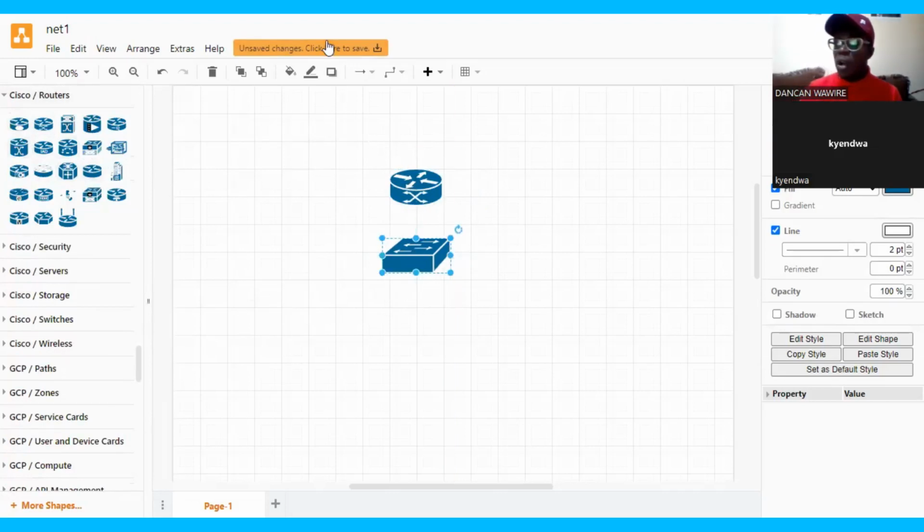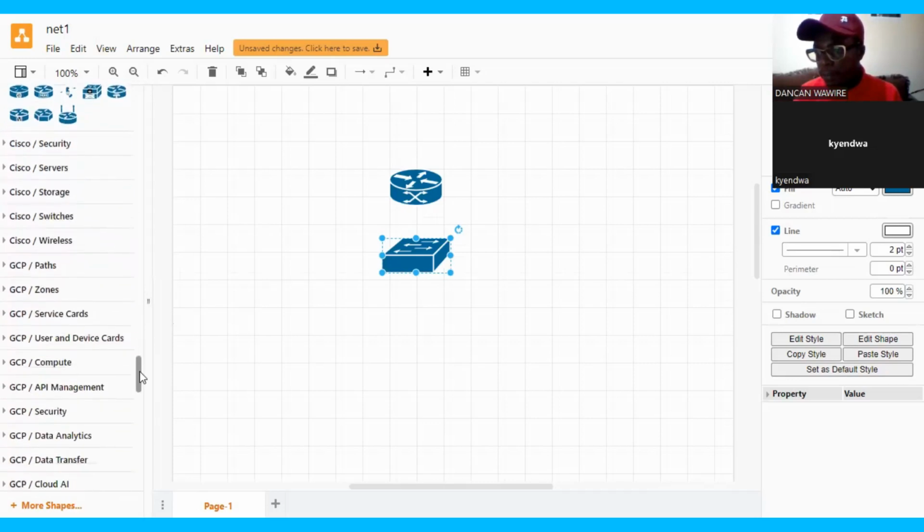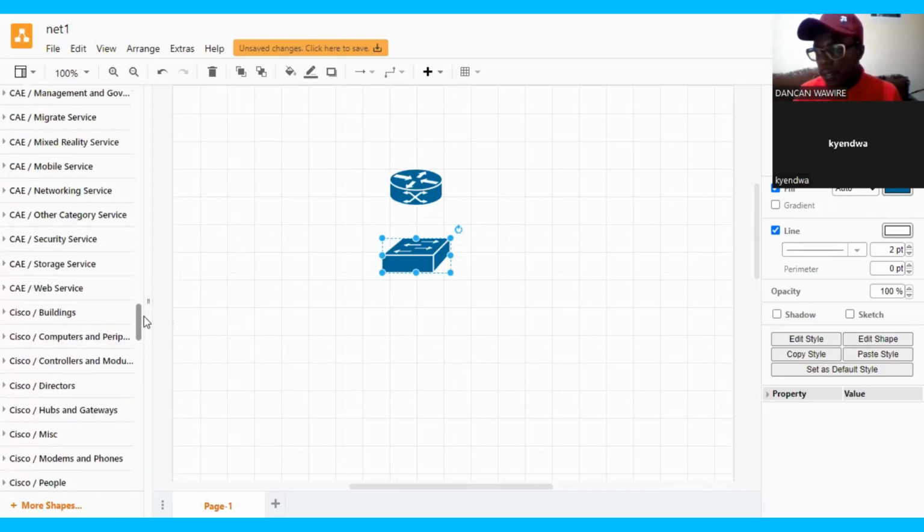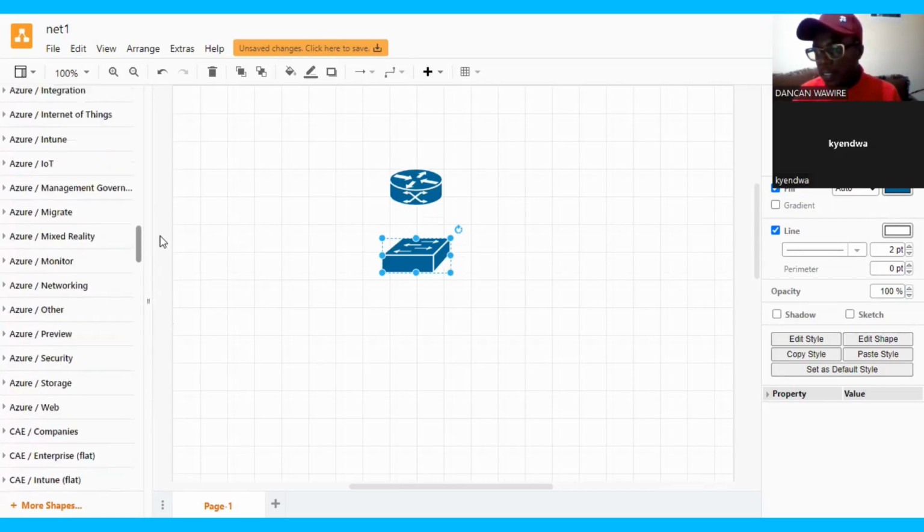On Monday, I'll show you one actual diagram I made for some school a few months ago. I had done it for them, and I'll show you how I did it and how it looks at the end. So if you want computers, where can I find computers?